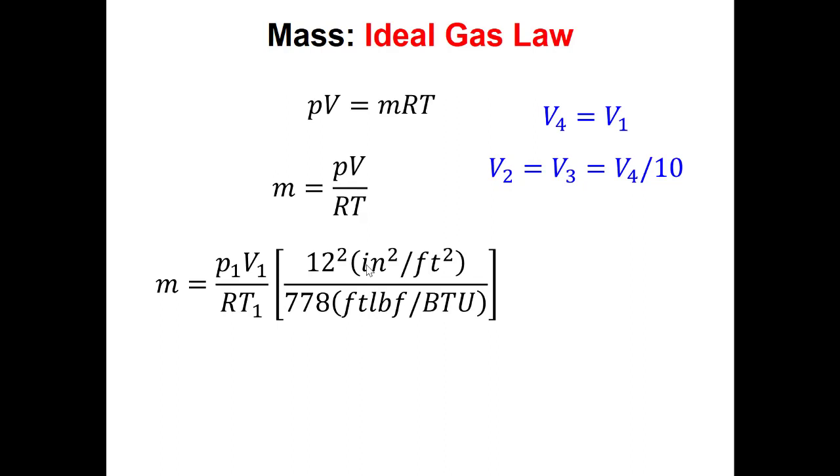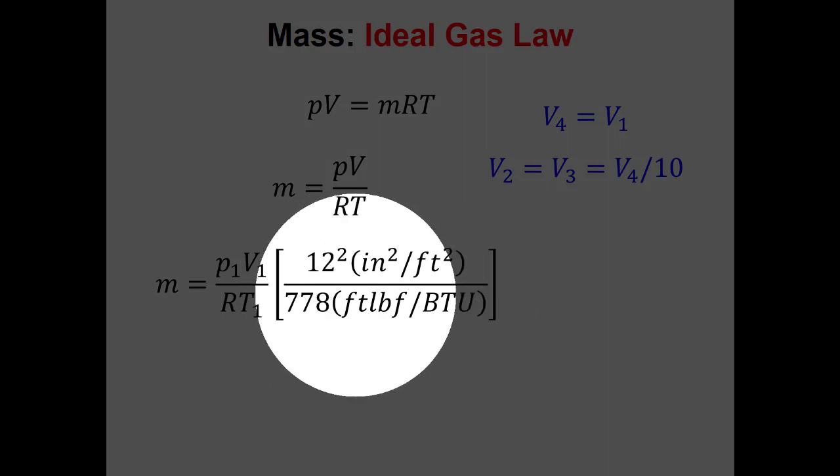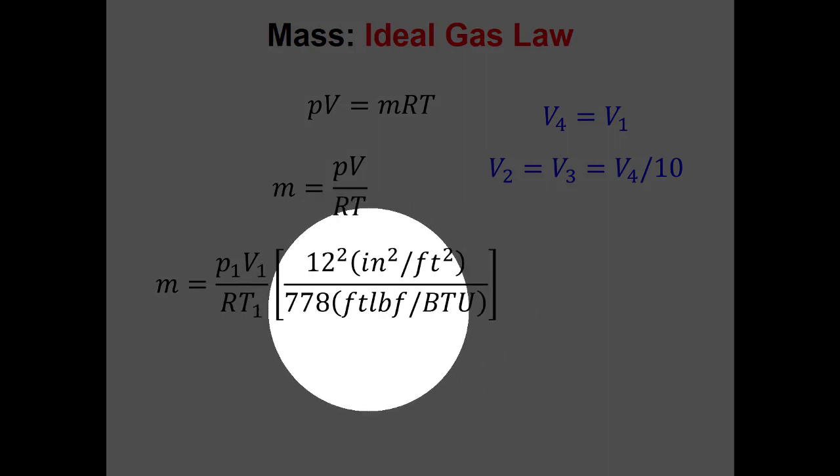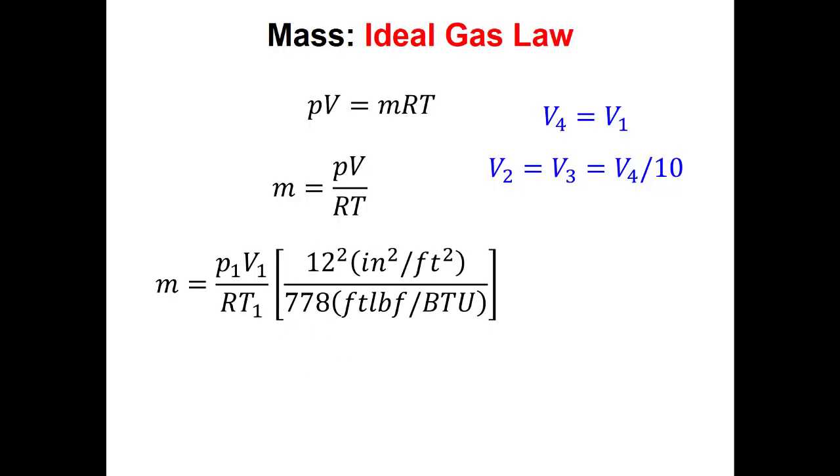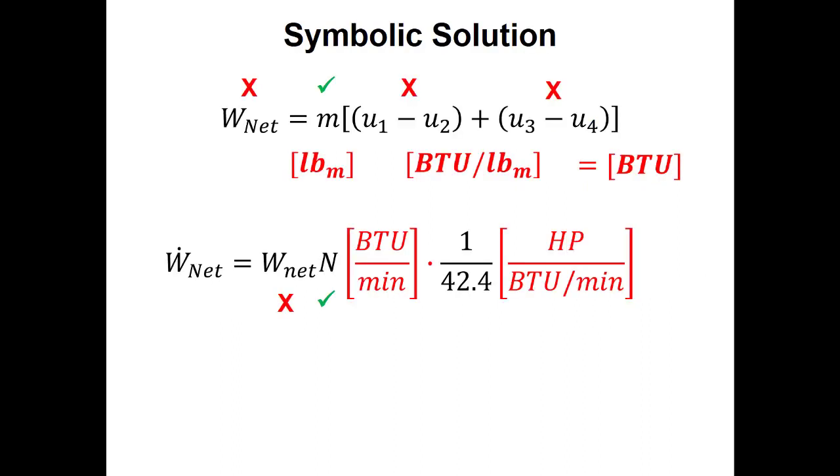There's another unit conversion that I have to do here to convert between foot-pounds force and BTU. So you always got to track your units, and you got to be double careful when you're doing imperial problems. But if I do all this, I put it all into my calculator, I track my units, and I find that the mass is 0.0015 pounds mass. So that's good, right? I have the mass.